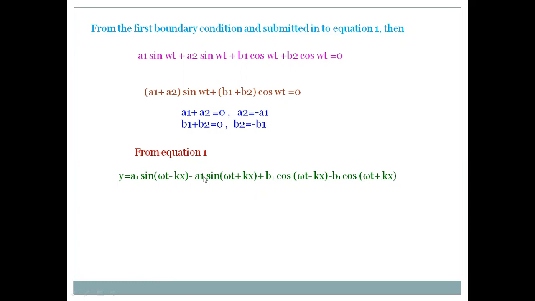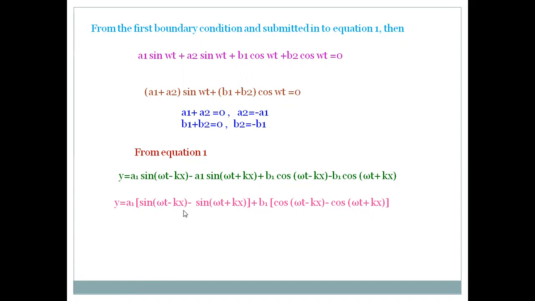Here a1 is taken as common, then y is equal to a1 into [sin(omega t minus kx) minus sin(omega t plus kx)] plus b1 into [cos(omega t minus kx) minus cos(omega t plus kx)].